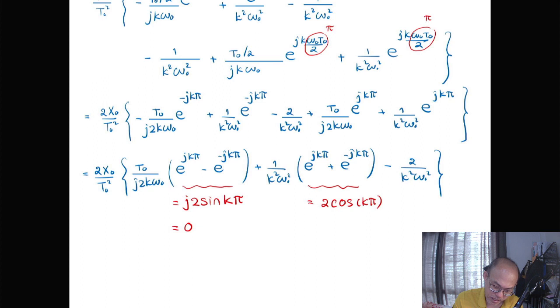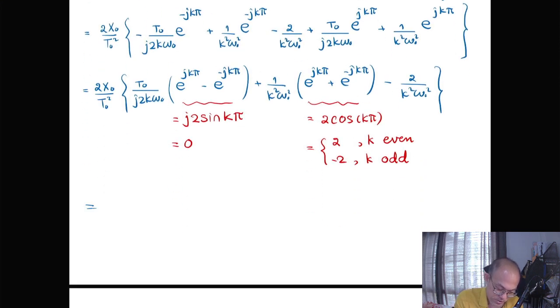Now, as for cosine of k pi, depends on k. This is 2 when k is even, and minus 2 when k is odd. Because cos pi is minus 1, cos 2 pi is 1, so it is 2 when k is even, and minus 2 when k is odd.